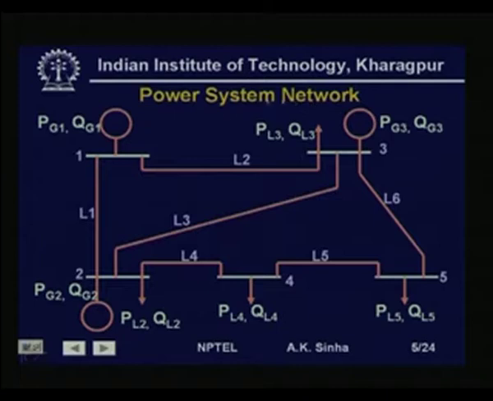Therefore, at some of the buses we have generators connected, and these bus bars we generally call generating bus bars, whereas some bus bars have only loads connected to them. These we call load bus bars.